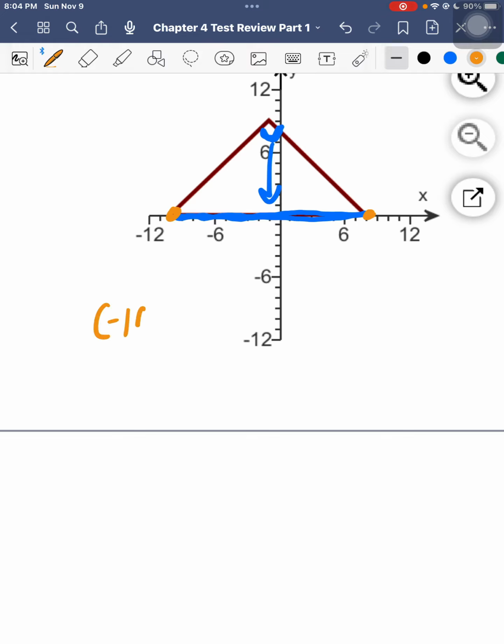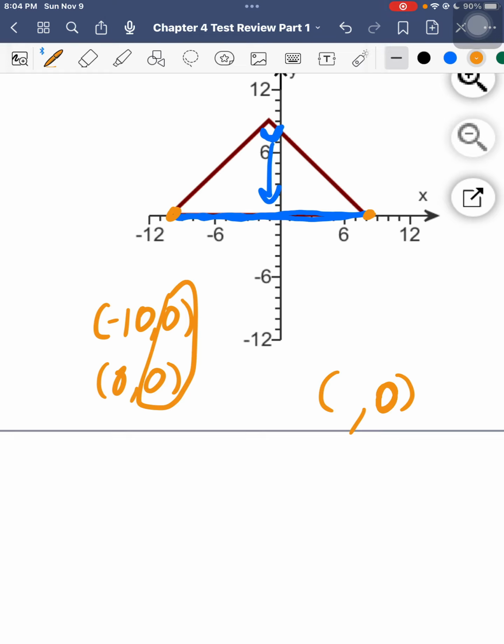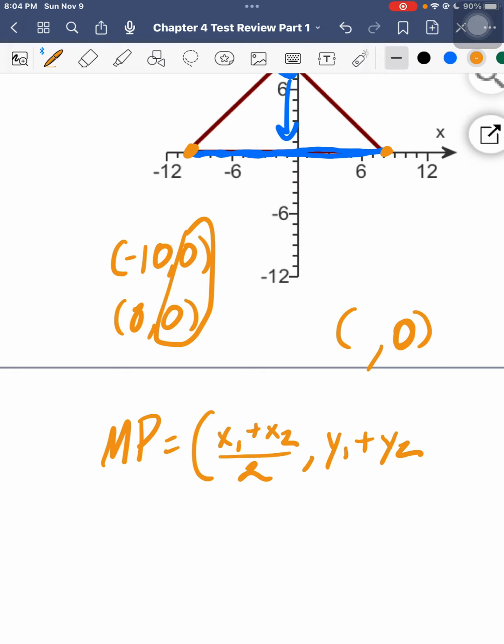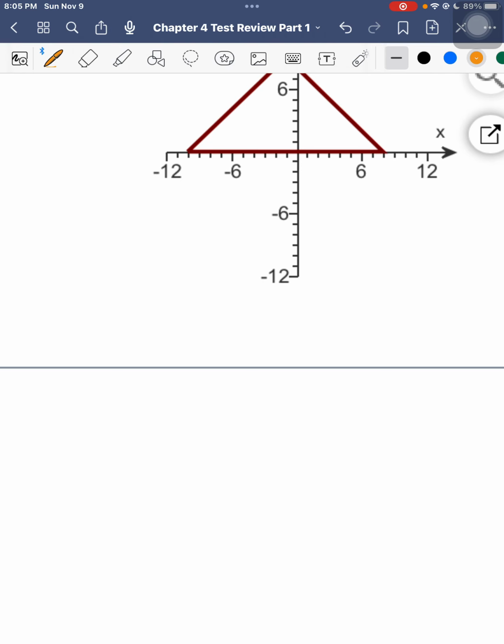So this looks like -10, 0, and this point right here is 8, 0. We don't really need to worry about the y's because they didn't change, so the y of the midpoint is 0. But in case you don't see that, let's use the midpoint formula. Let's call these x1, y1, x2, y2.